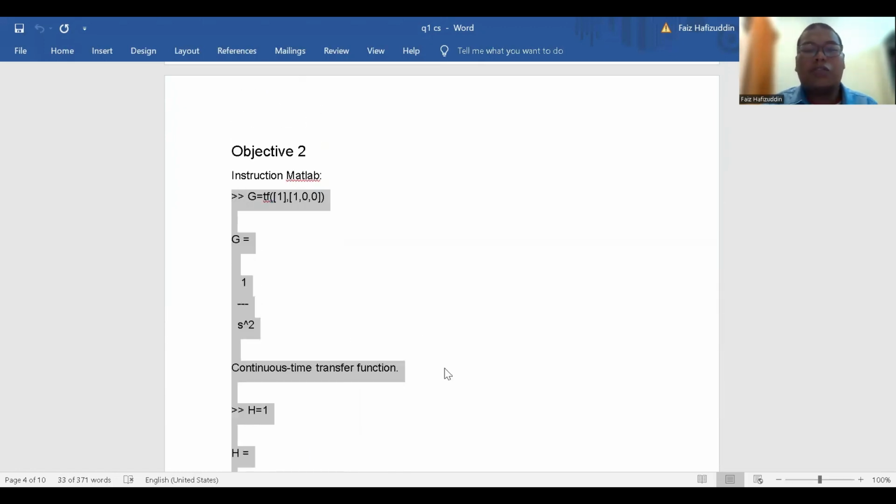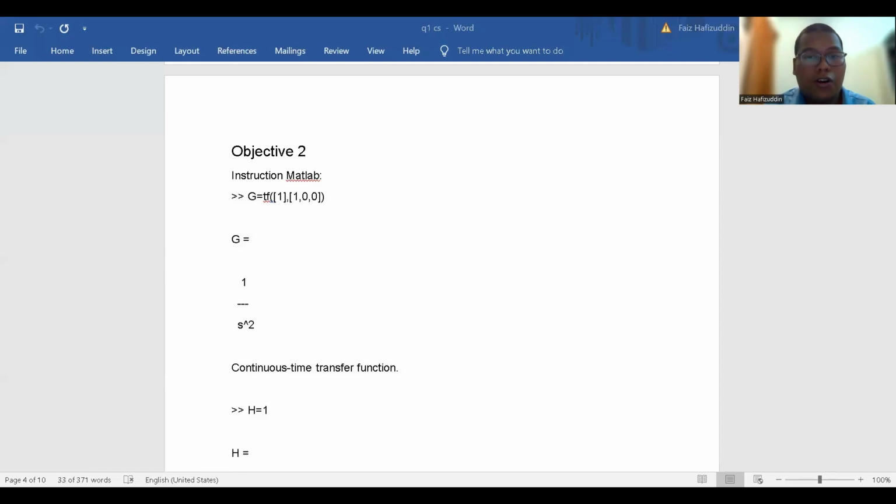So basically I do it manually. Here we use this, and then H equals 1. Then the T feedback, TH. After that we use t, the small t for time, and this is the graph.